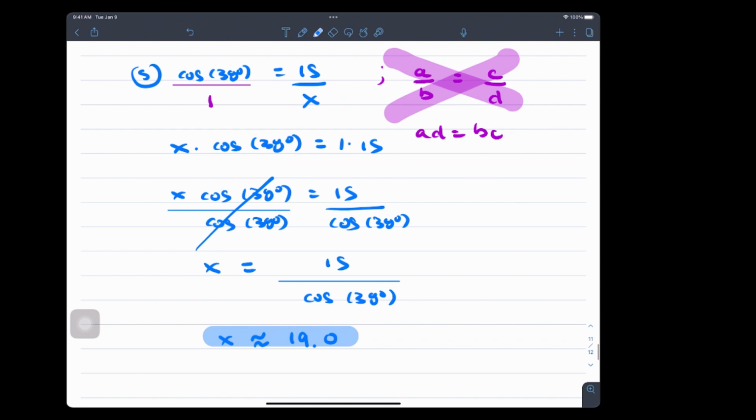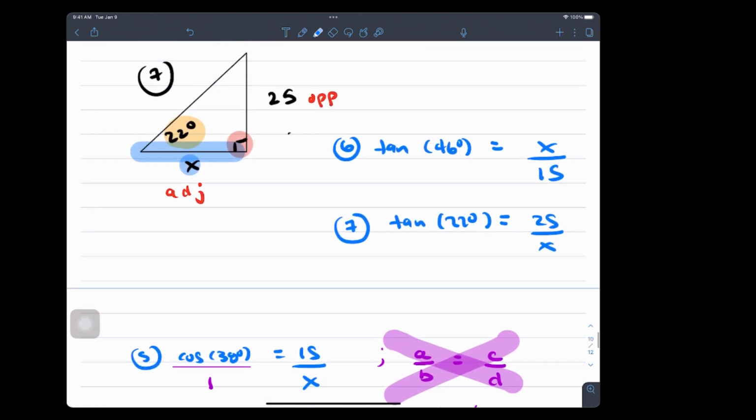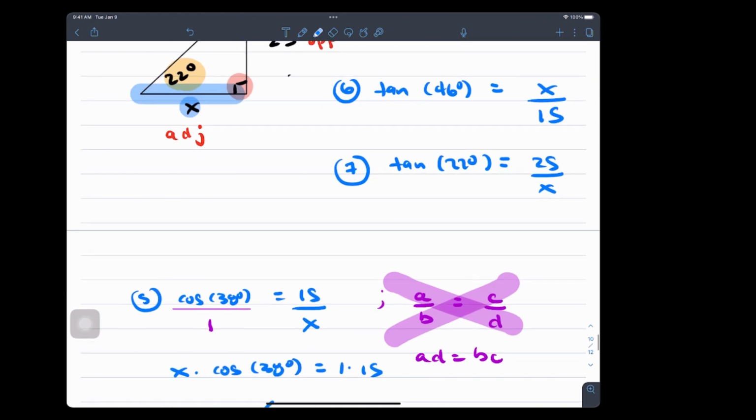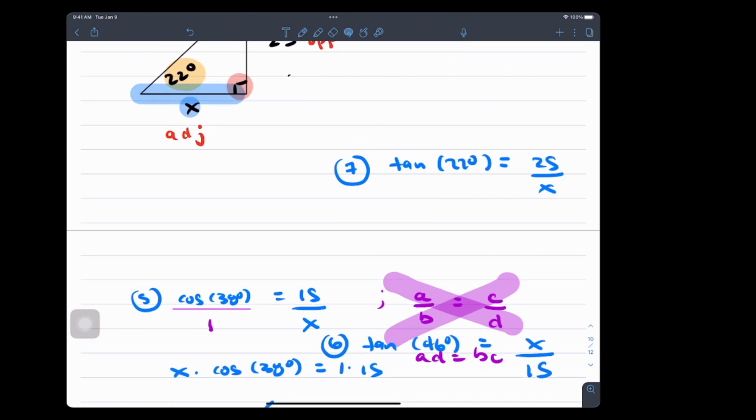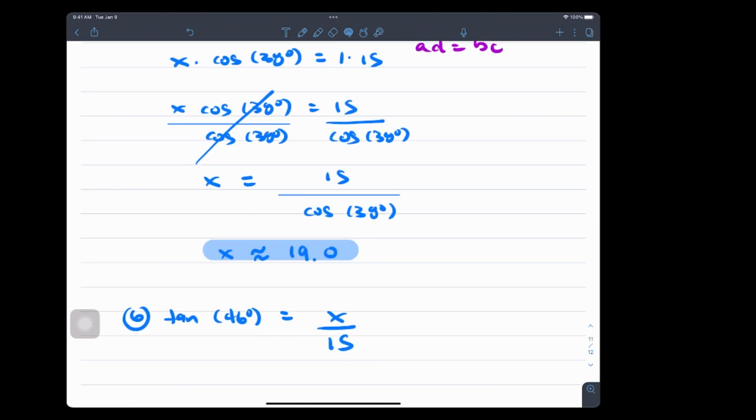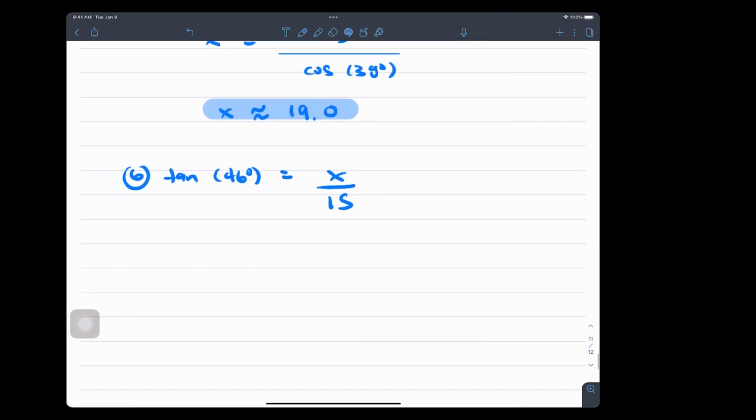So this again is the complete process. You guys want to do that here. What about number 6, ladies and gentlemen? We already set up the equation here. I'm going to go with the proportion idea, but we don't have to on this one. I mean, you can.